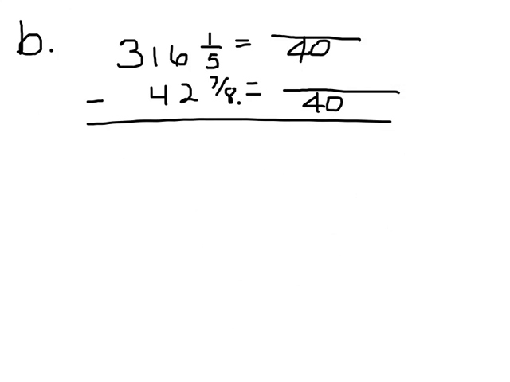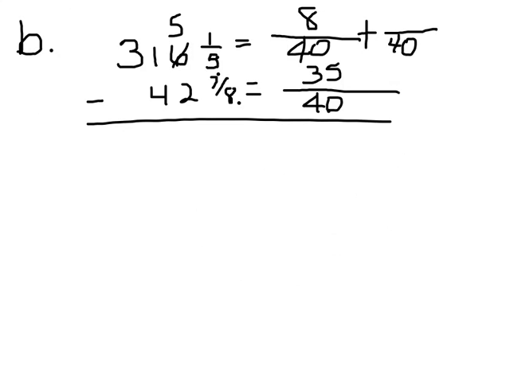So 8 times 5 is 40. 7 times 5 is 35. 5 times 8 is 40, 1 times 8 is 8. Now here we have that very same situation we just had in the last frame. So I'm going to take 1 from the ones, make that a 5, and I'm going to add 1 here.